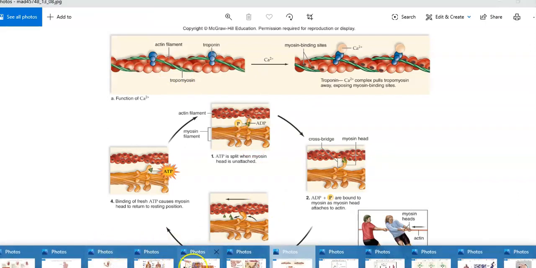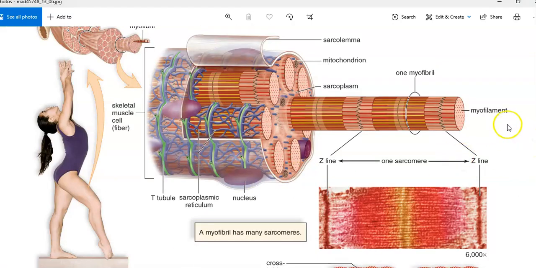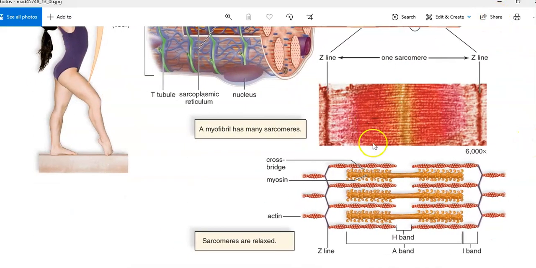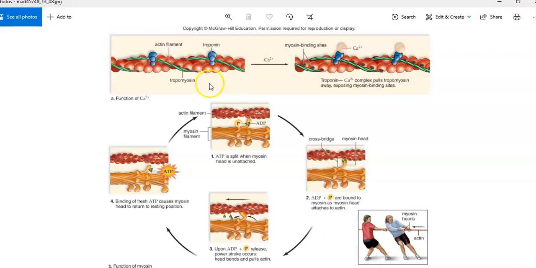Okay, so right here, we're looking at actin and myosin. So here we're looking at myosin and actin. So this is an actin molecule. So the impulse comes and tells the muscle to contract.